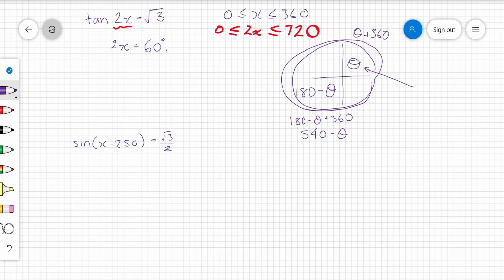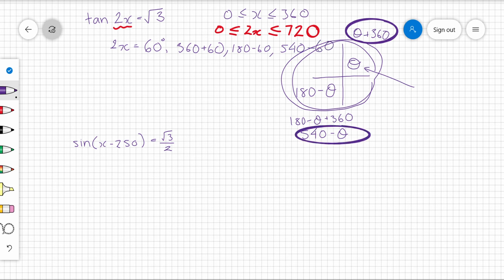We're also going to have our 60 plus 360 for this one here. We're also going to have 180 minus our 60, and our 540 minus 60 as well. This one down here. All right, so we can simplify those if we need to.